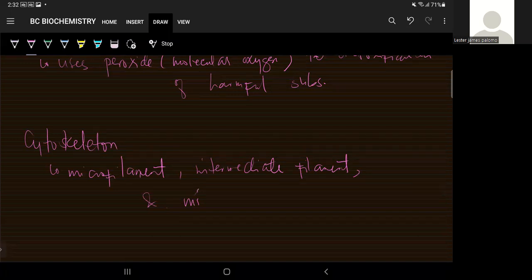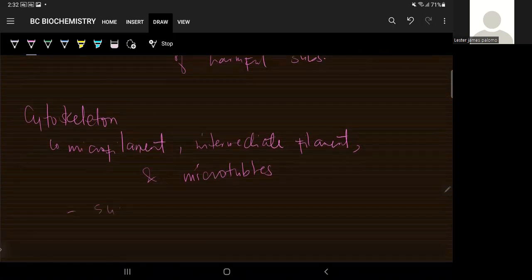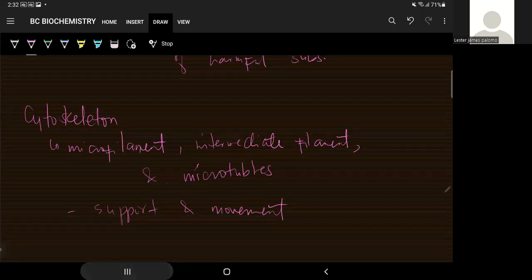So with that, cytoskeleton comprises the microfilament, intermediate filament, and microtubules. Again, ang purpose niya is for support and movement of the cell. So that is your cytoskeleton.